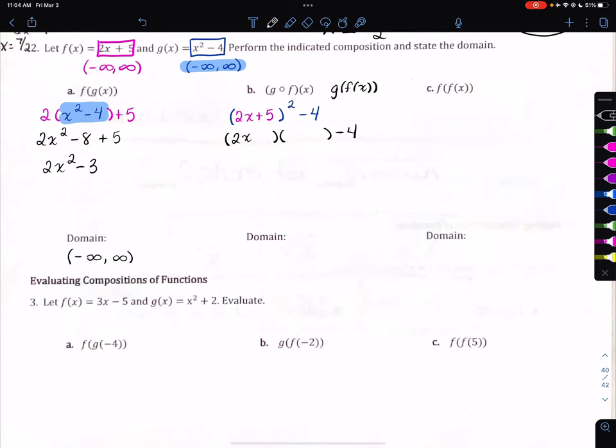So we've got 2x plus 5 times 2x plus 5 minus 4. Using distribution, we get 4x squared plus 10x plus 10x plus 25 minus 4. And then we're going to combine like terms to simplify this. So 4x squared plus 20x minus 21.